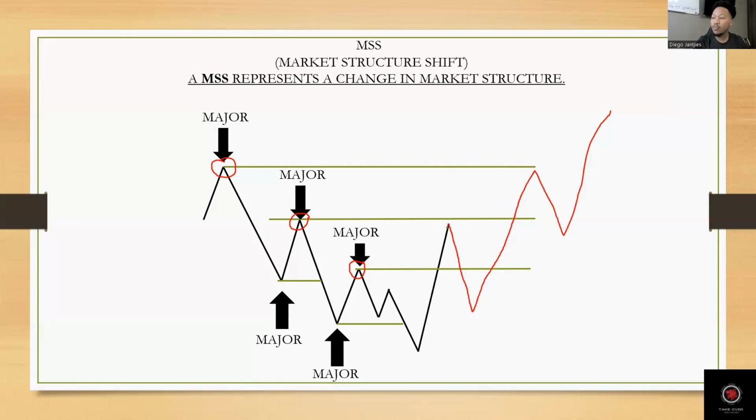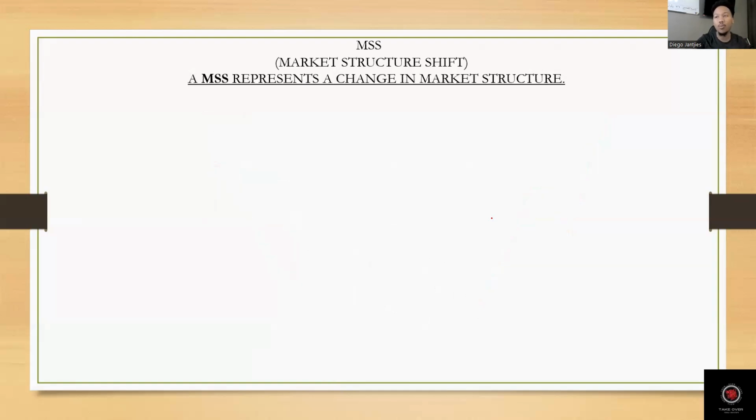But since we broke above this high, now we are following our bullish momentum, so now we are creating a BOS. I hope you guys have a clear understanding of market structure shifts. Now let's look at another example.